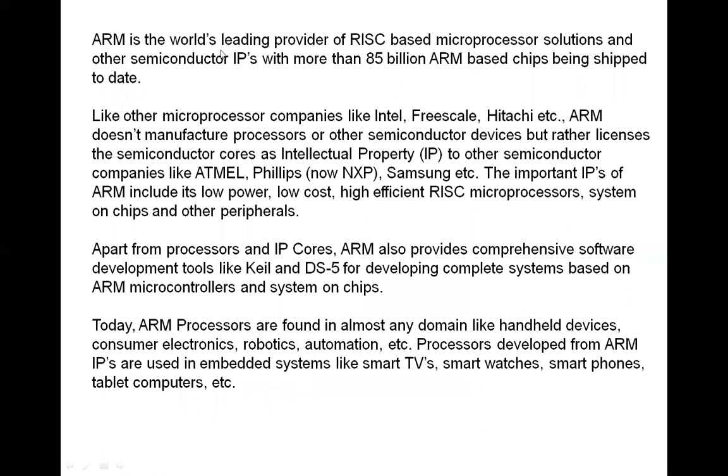ARM is the world's leading provider of RISC-based microcontroller and microprocessor solutions and other semiconductor IP, with more than 85 billion ARM-based chips shipped to date.